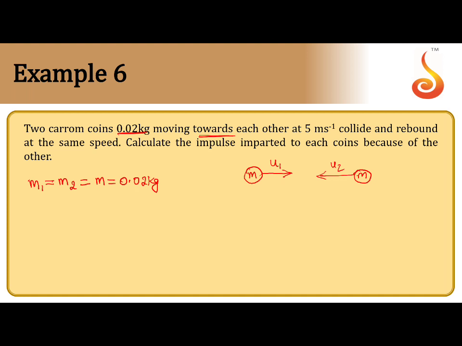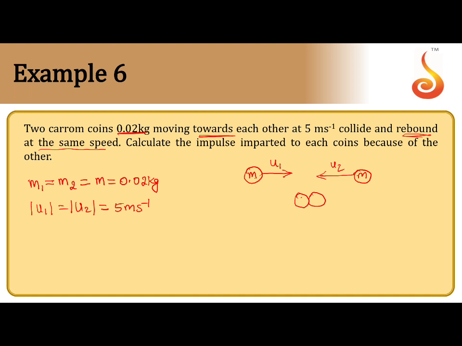They both are traveling in the opposite direction with 5 meter per second. So magnitude of u1 is equal to magnitude of u2, that is equal to 5 meter per second. Now, once they collide, after collision, according to the data, they rebound at the same speed. So they both will collide for some time. Let's assume for a short interval of time.